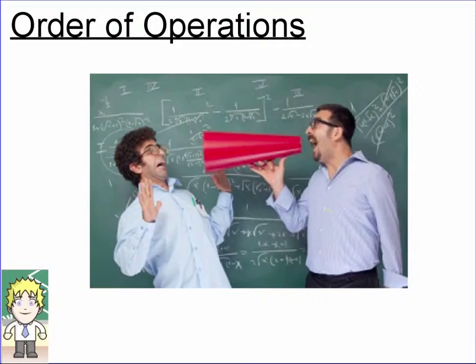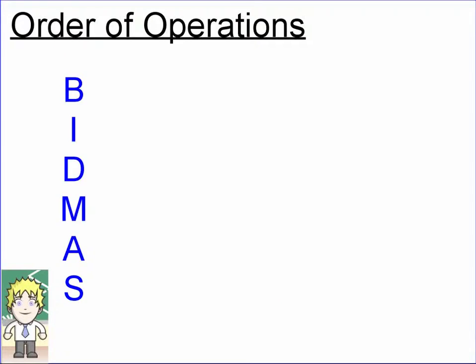I'm going to name these two people Frank and Joel. If Frank does it one way and Joel does it another, they end up shouting and no one knows what the answer is. So, hundreds of years ago, they came up with this order of operations.